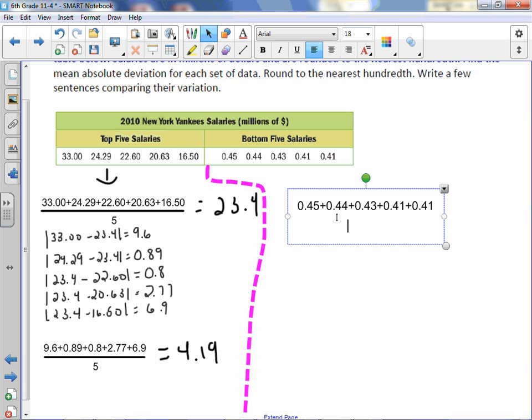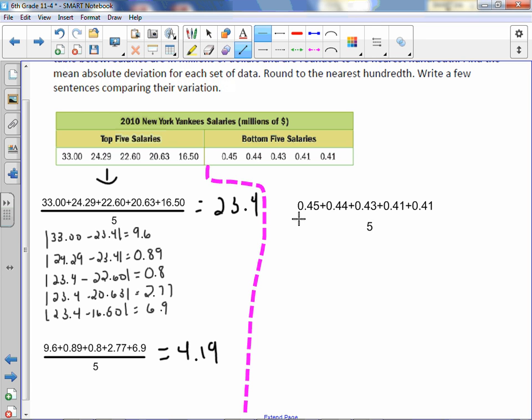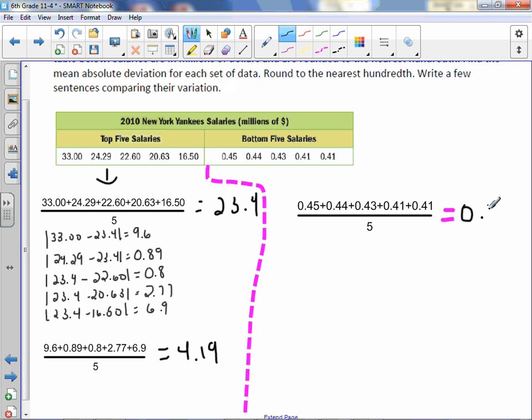Again, dividing by 5 numbers. When we do that division, we get a mean of 0.43. This is for the bottom 5 salaries.